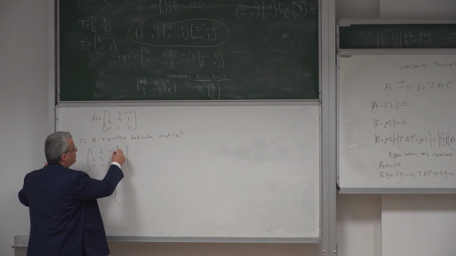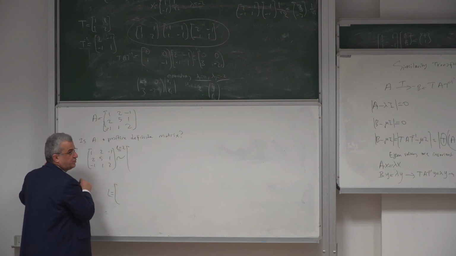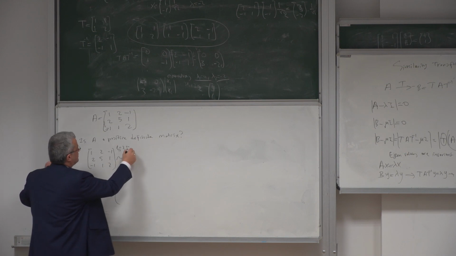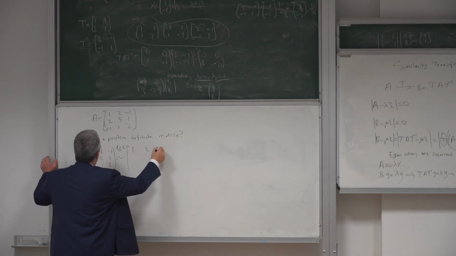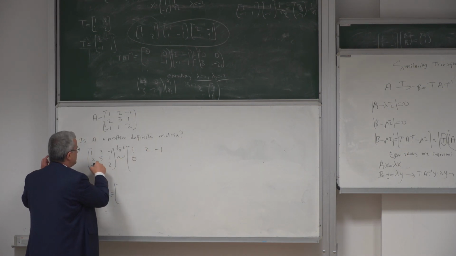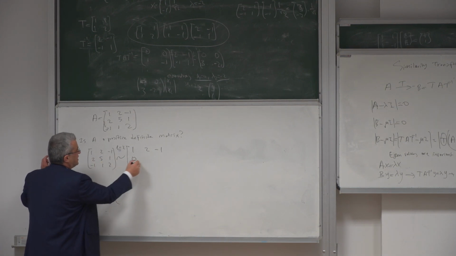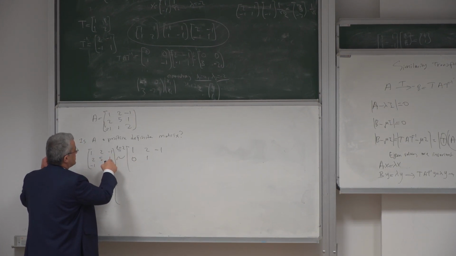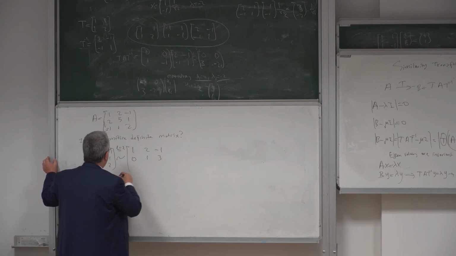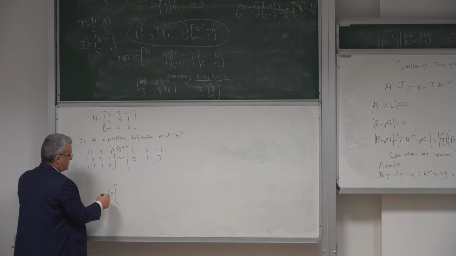So L21 is equal to 2. So you subtract 1, 2, -1. This becomes 0. This becomes 1. Twice this is subtracted from this means 1 minus -2. That is 3. Okay?